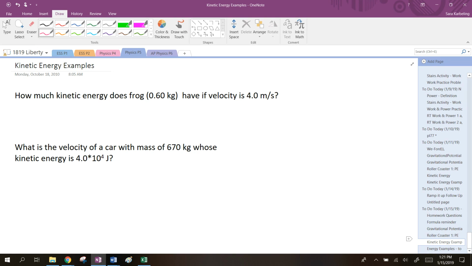The question says, what is the velocity of a car with a mass of 670 kilograms whose kinetic energy is 4 times 10 to the 4th joules? So this is taking the kinetic energy equation, solving for V, which is the hardest thing to solve for. But I believe in you guys. You got this.